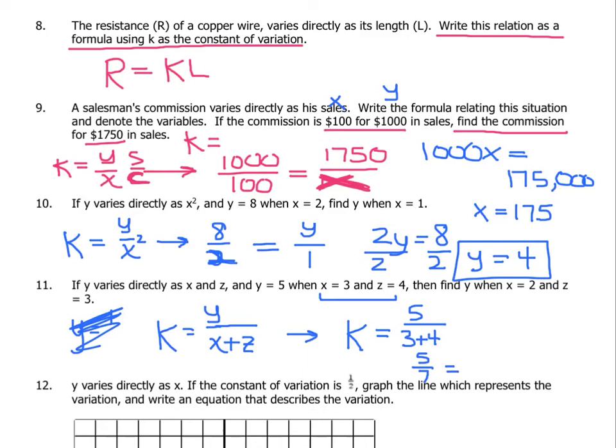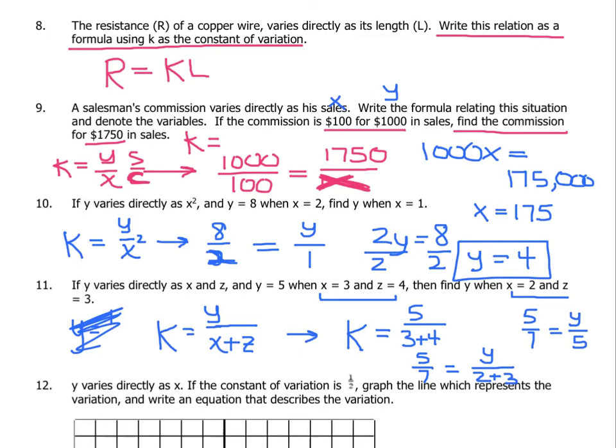And then we're going to equal it to being x and z, 2 plus 3, and we do not know the y. All right, so we're going to take care of the addition, so that gives us 5/7 equals y over 5.